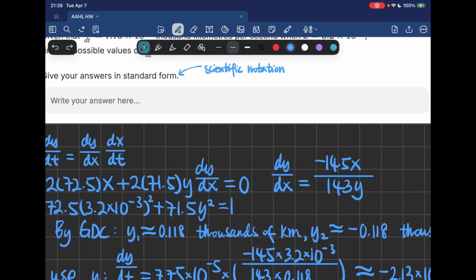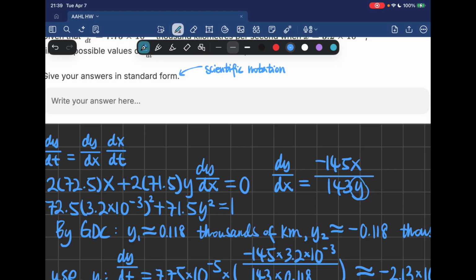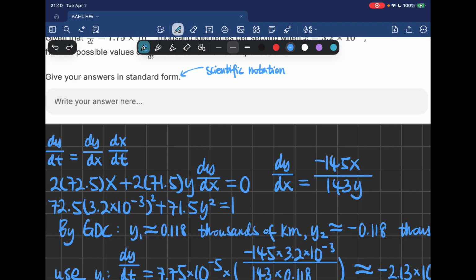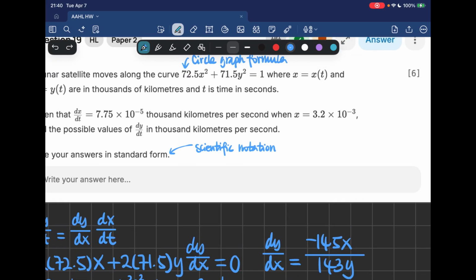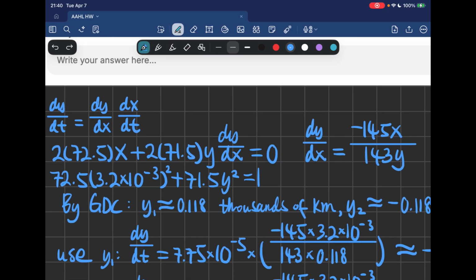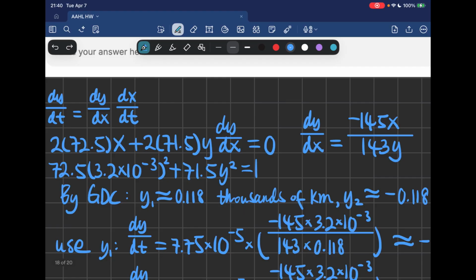However, we have a y value in here, so just like in the previous question, we have to find y first and then substitute it in here, and substitute x in here, to get a numerical value. So how do we find y? We can find y using the original formula. Substitute x in there and you have y squared right here, right?